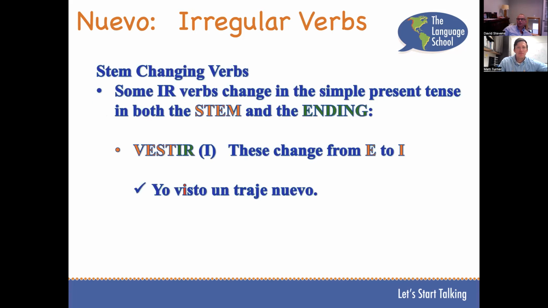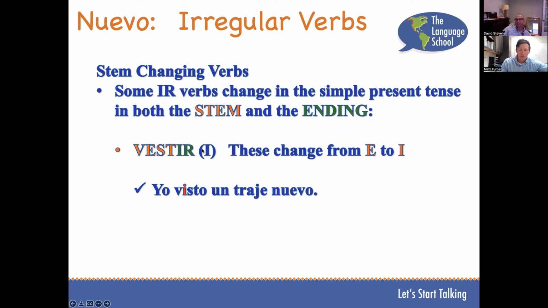Okay, good. So in our last class, we started talking about irregular verbs. So we're going to keep going. Now we have what we call a stem changing verb, where it changes on both sides, right? So vestir is a good example. Vestir means to wear clothes. It's a regular IR verb in the sense that the verb endings are the same.